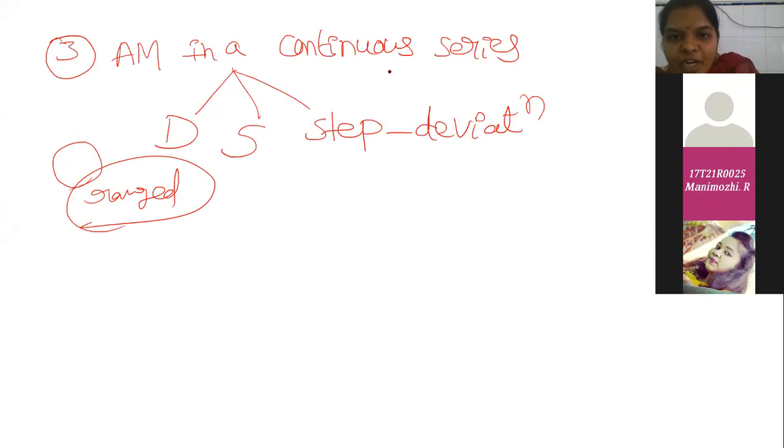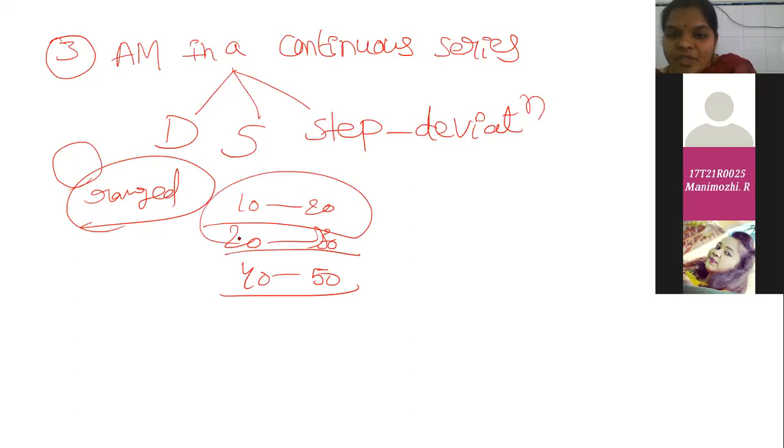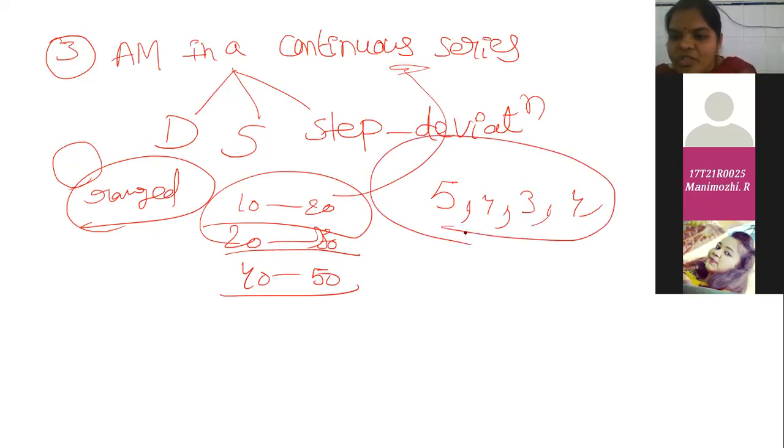In case of a continuous series, you will get ranged values. See here, 20 to 30, 40 to 50, likewise. These are called ranged values. It will happen in your continuous series only. If it is an individual series, you can get 5, 4, 3, 5 like that, separated by commas.